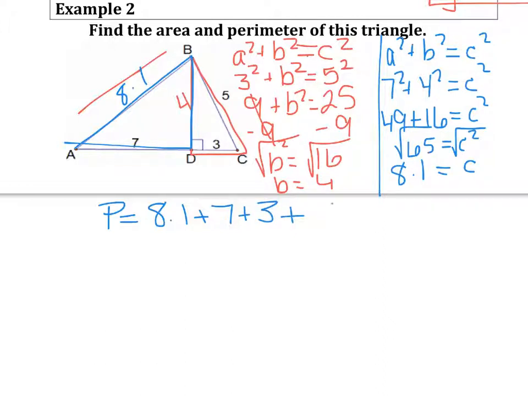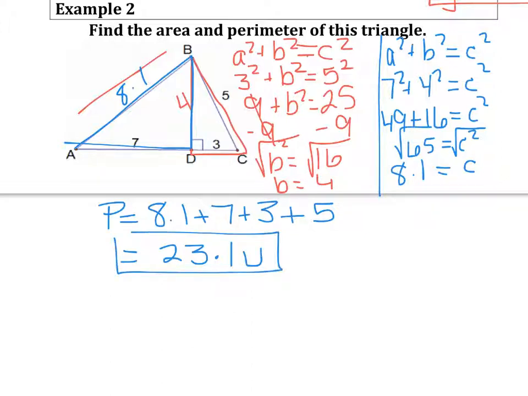And then it's also going to be the 5. So when I add those all up, I end up getting 23.1 units.